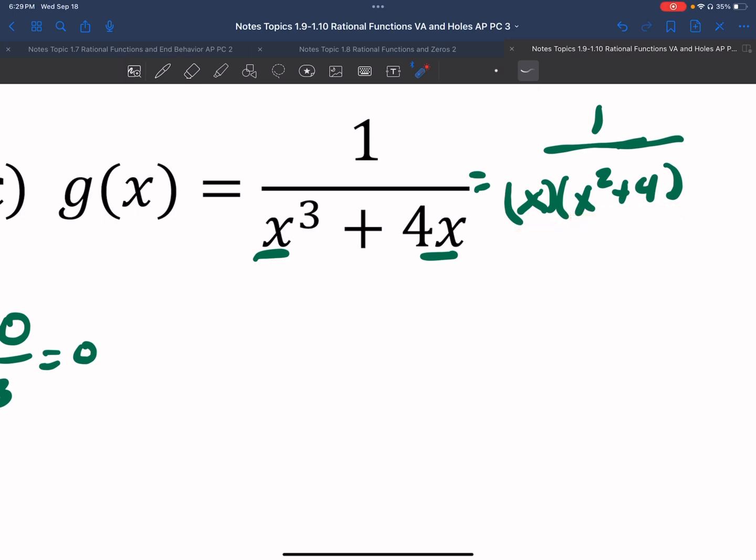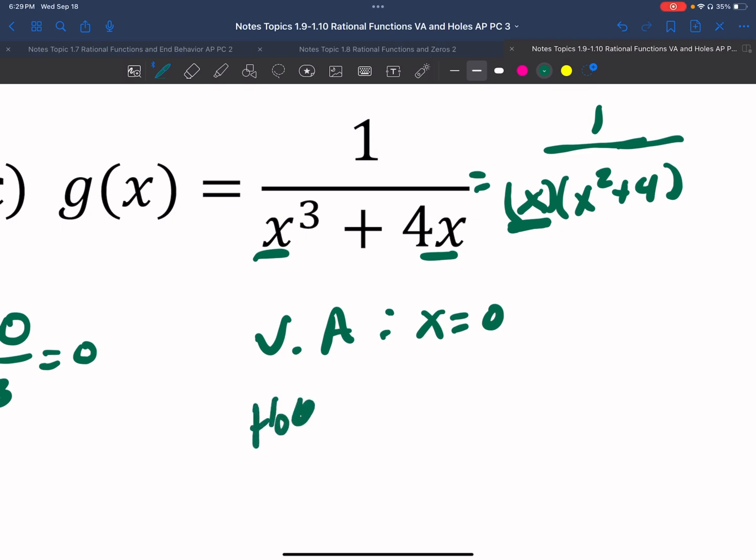Since I'm not able to cancel it out, I know it's going to be a vertical asymptote at x equals 0. Because when I replace this x value with 0, the whole denominator will be 0, making my function undefined. Again, I don't have any holes on the graph, so I'm going to put hole: not applicable, or none.